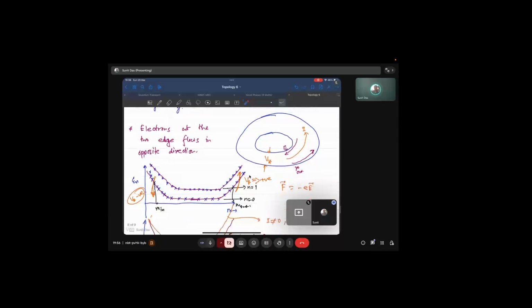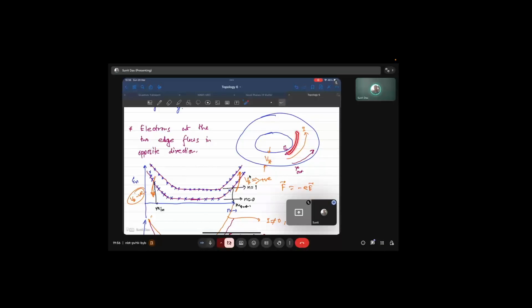Now, once we apply an external electric field as well, which is already there in our experimental setup, the electrons feel an electric force and try to move in the opposite direction to the applied electric field.